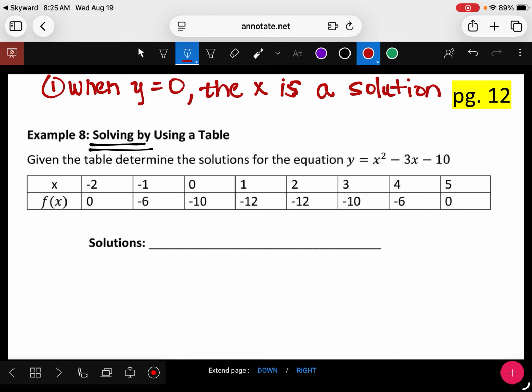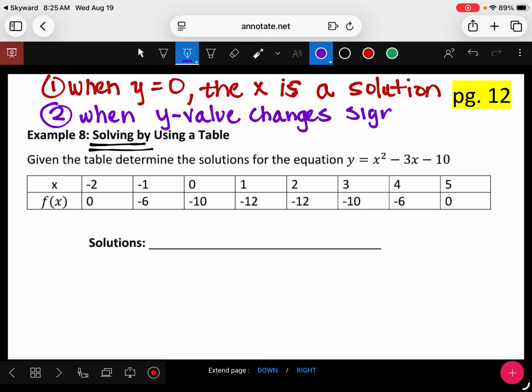So when y equals 0, x is a solution. However, that's only when you're looking at a table, it's harder to find that when it's a decimal. So the second thing that we look for is when your y value changes sign.